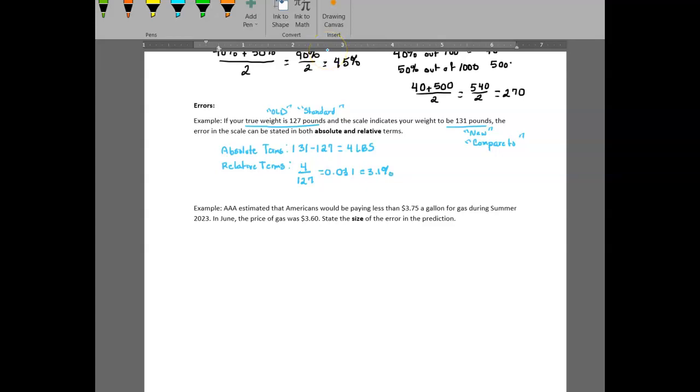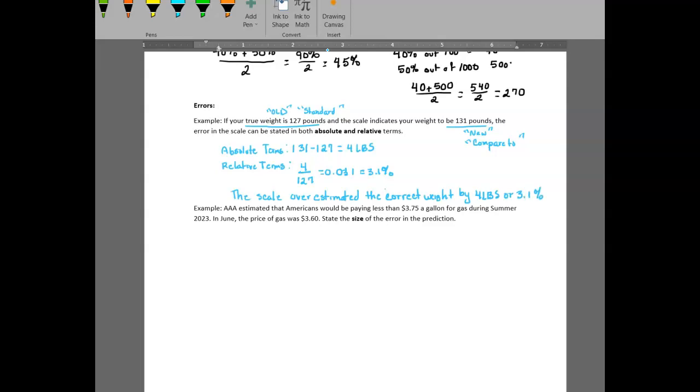So the scale overestimated the correct weight or the true weight by 4 pounds or 3.1%.